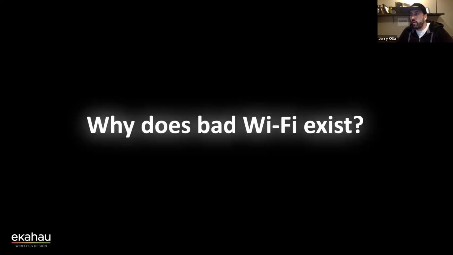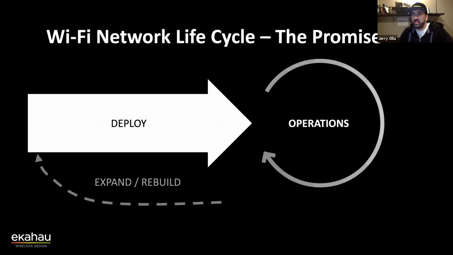All right, so why does bad Wi-Fi exist today? This is the marketing spiel we see everywhere: it's plug and play. We've heard those tech terminologies. We've got all this AI stuff, and you just plug it in, and it self-configures and optimizes itself and fills holes for you, and optimizes the RF and the air and all that, right? That's the story we're being told.